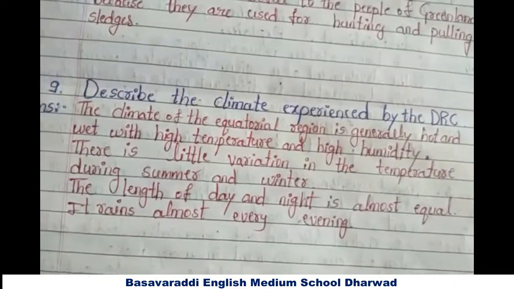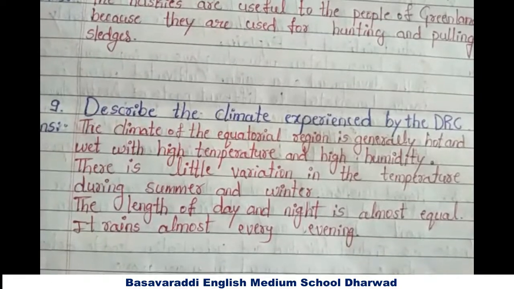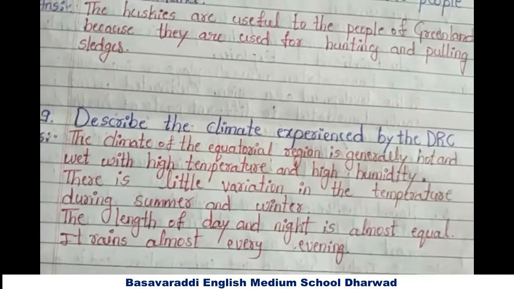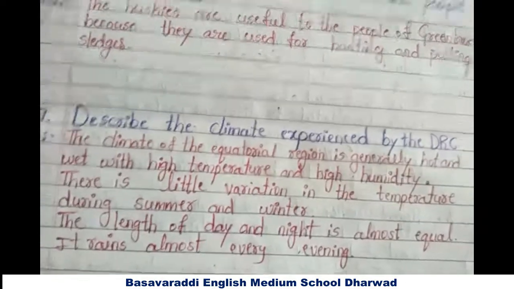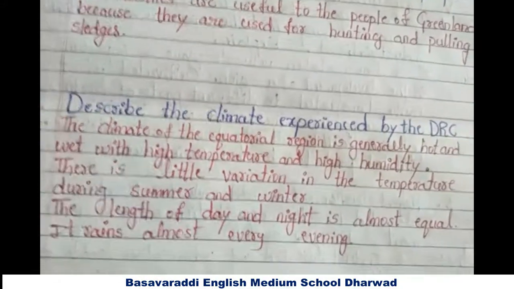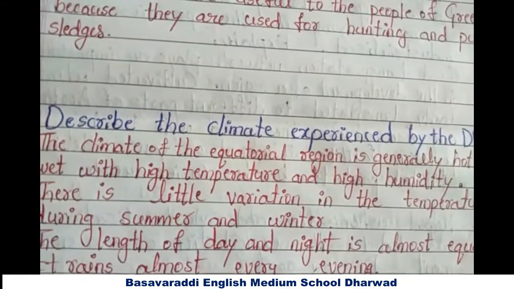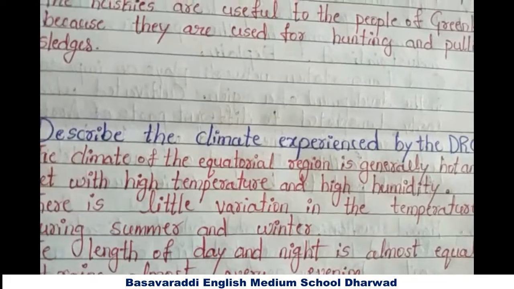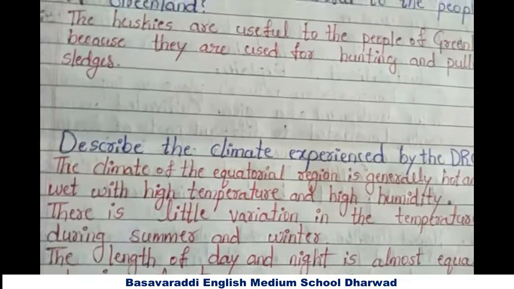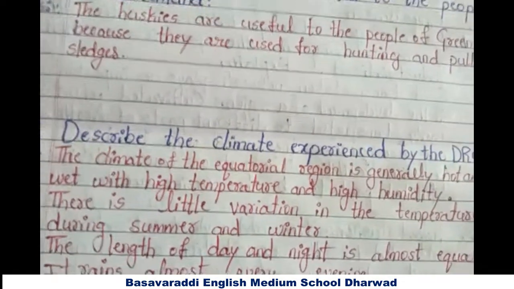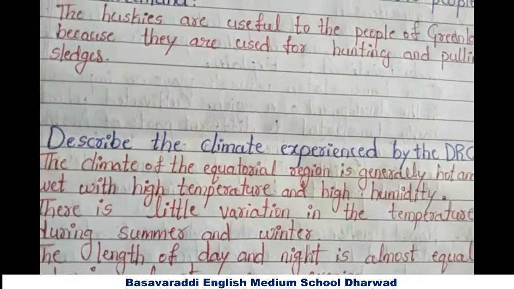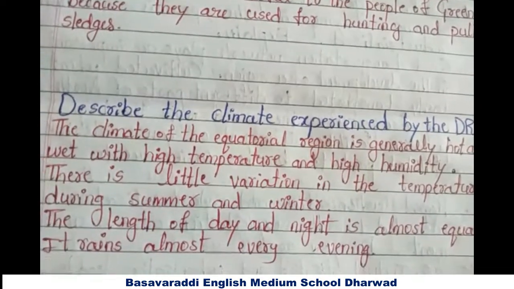Next, ninth question. Describe the climate experienced by the DRC, Democratic Republic of Congo. The climate of the equatorial region is generally hot and wet with high temperature and high humidity.